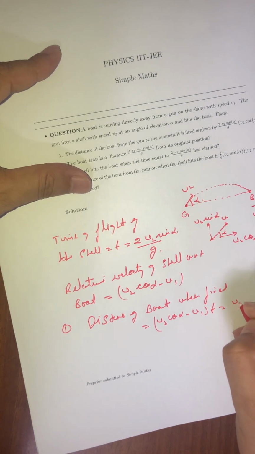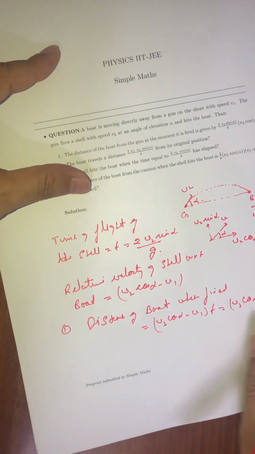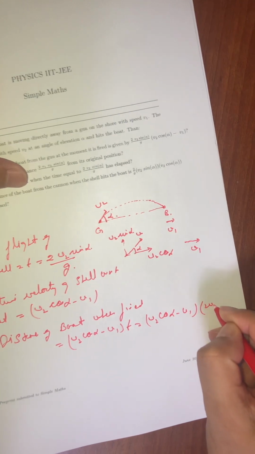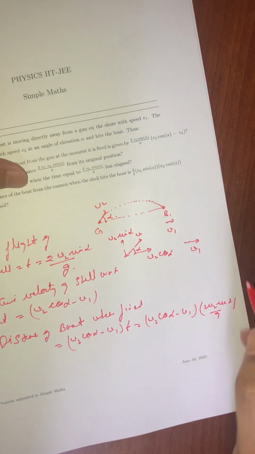So we get v2 cos alpha minus v1 multiplied by 2v2 sine alpha divided by g. So this proves our first part.